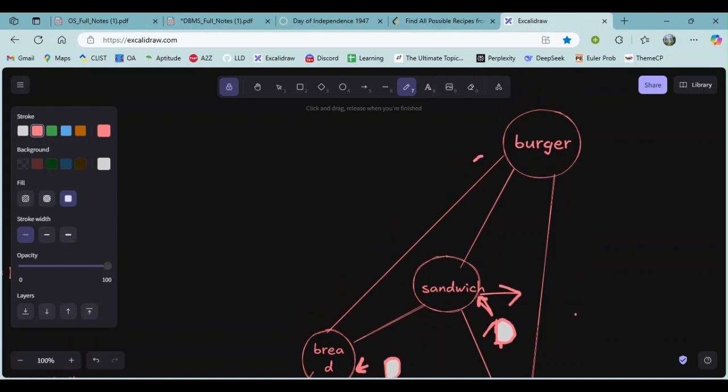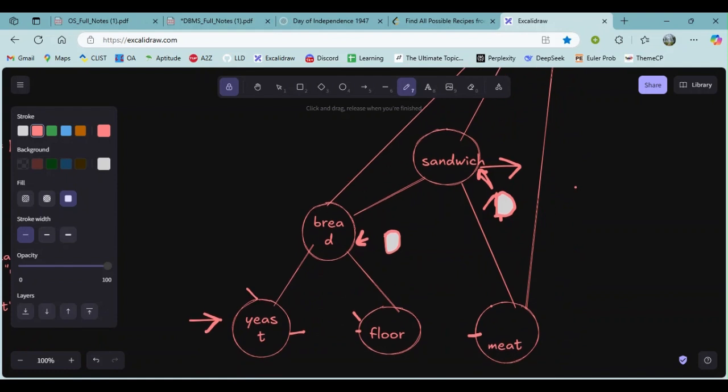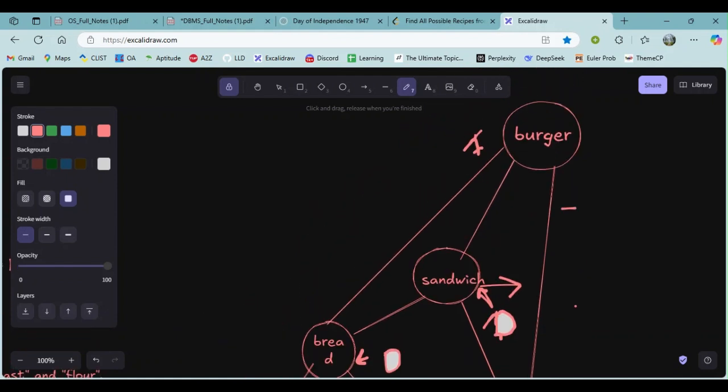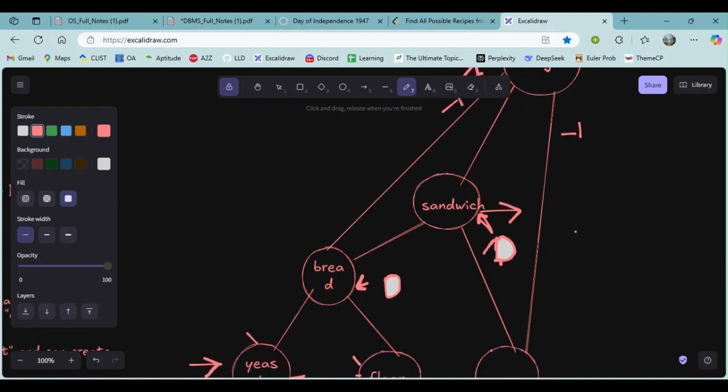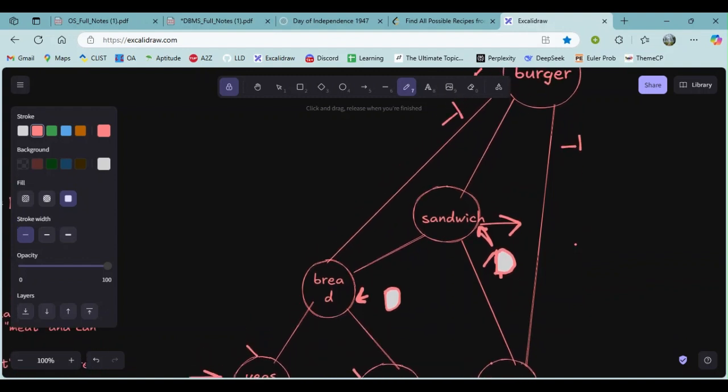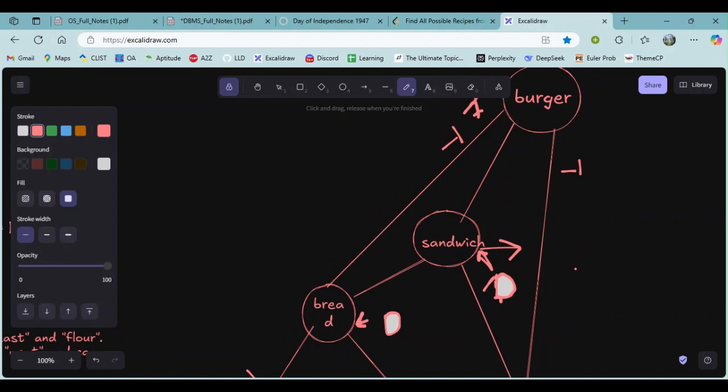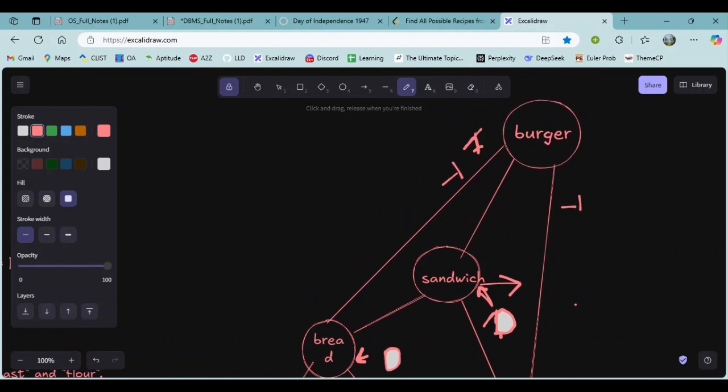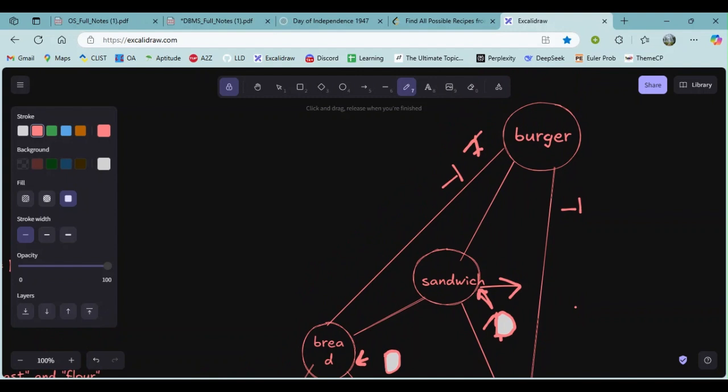We also remove the burger in degree, so the burger in degree will become 1, like how we first removed the burger in degree, minus 1 here, minus 1 here, so the remaining is 1. Then we go to sandwich and decrease the in degree of connected recipes.